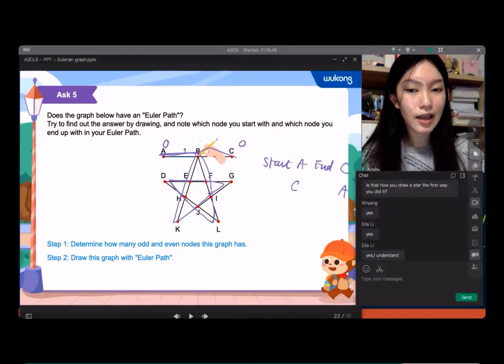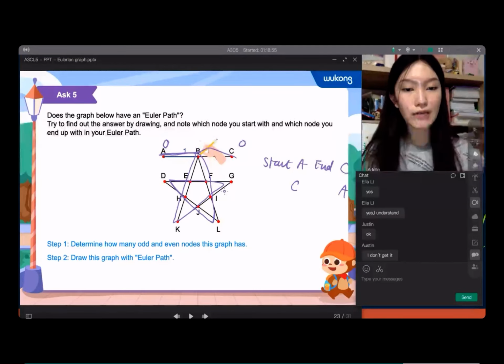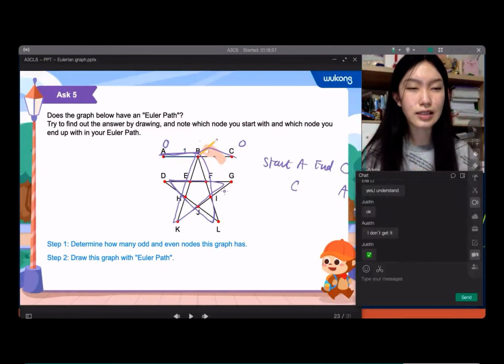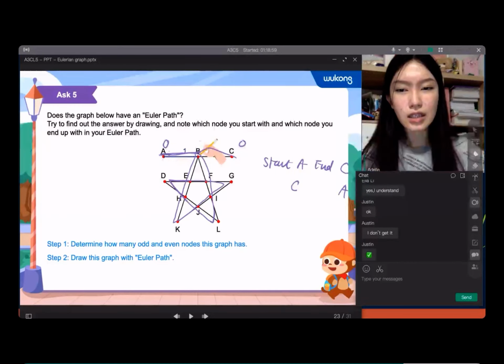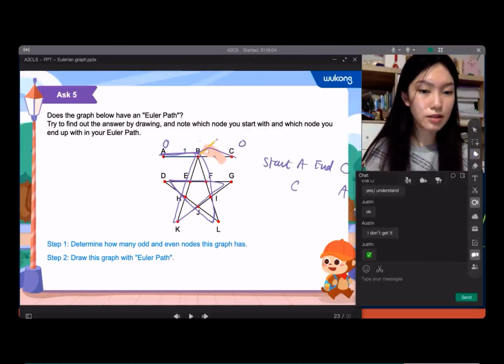This is why we start and end with different points. Do you see? We're starting and ending with different points. And that's why we would have odd nodes existing in the graph. Because we don't have to loop it all together. You see, these 2 points are not connected. That's why we would have the odd nodes, okay?